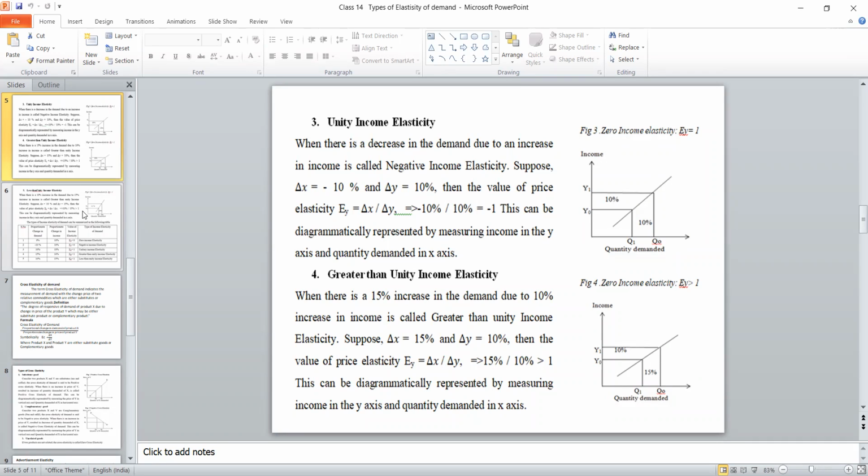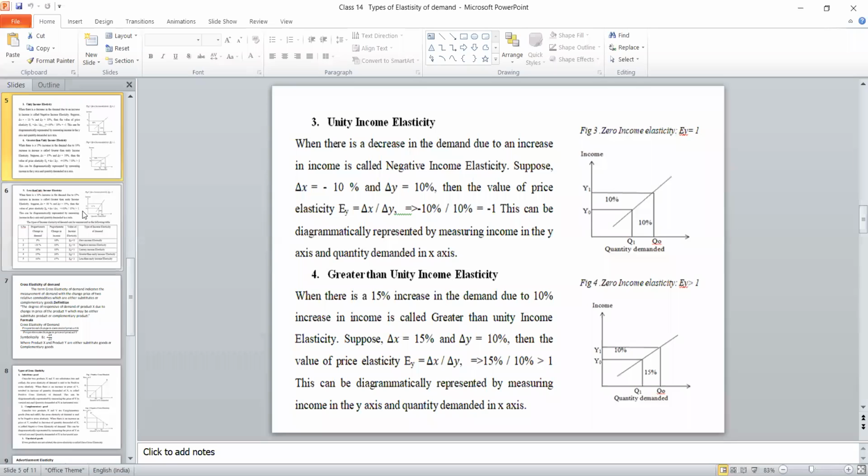Then there are two other possibilities. In price, we call them relatively elastic and relatively inelastic. Here, we say greater than 1 and less than 1. Suppose the value is greater than 1. When the demand changes more than the change in income, then it is called greater than unity income elasticity.